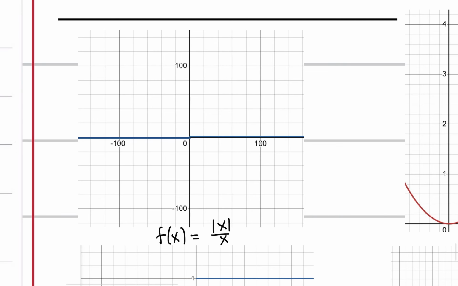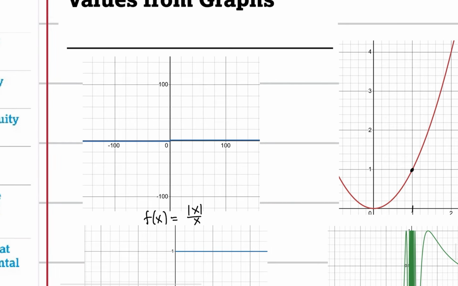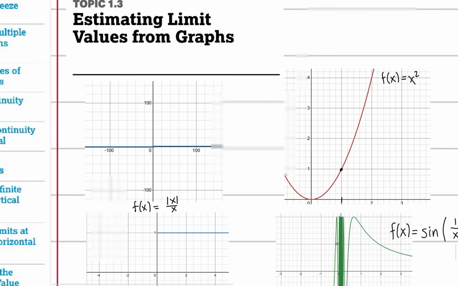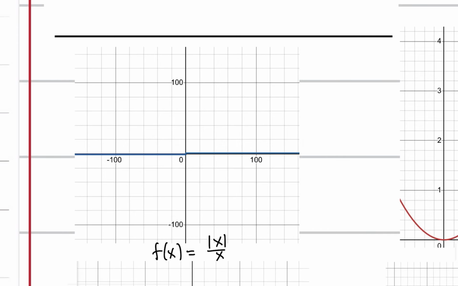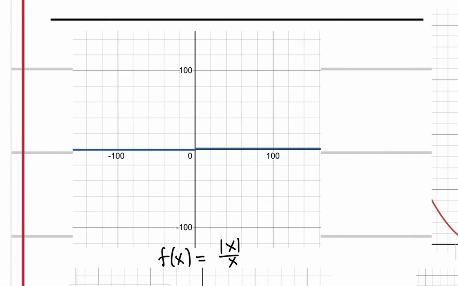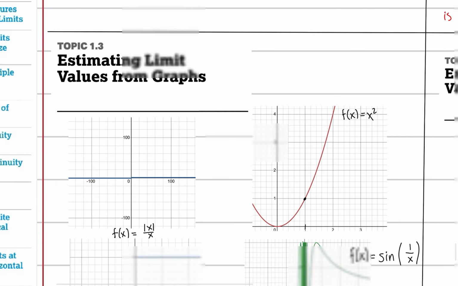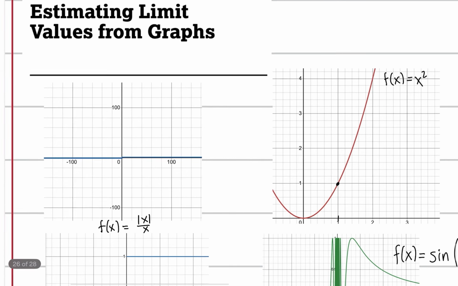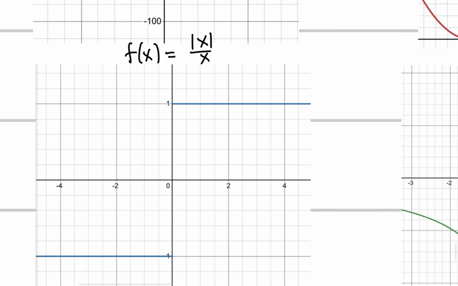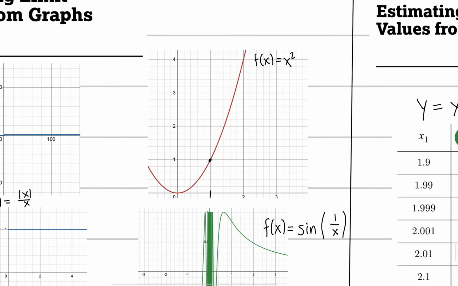At the top, we have f of x is the absolute value of x over x. It's very hard to tell the limit as x approaches 0. It looks like maybe it's 0, like it exists, but in reality, if we look at a better zoom, we'll see something, but we'll come back to that.